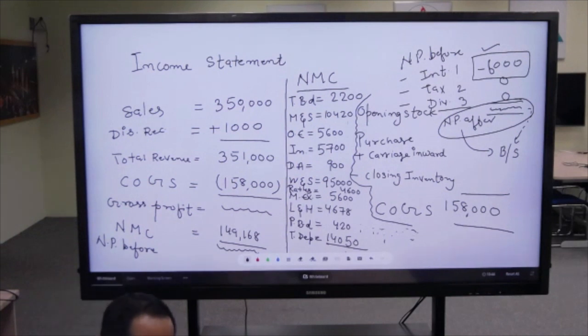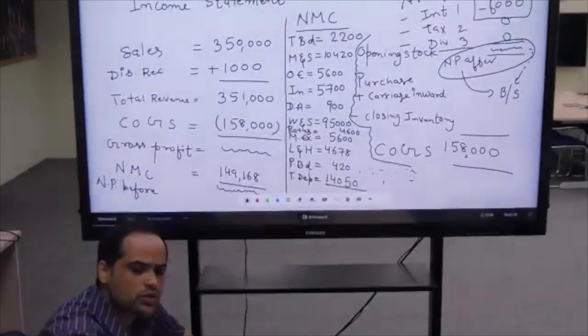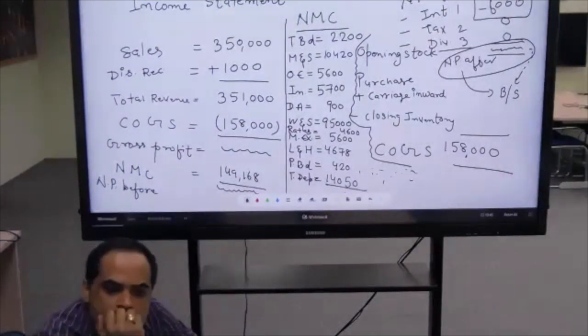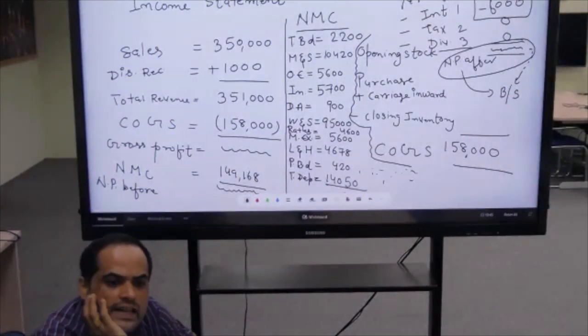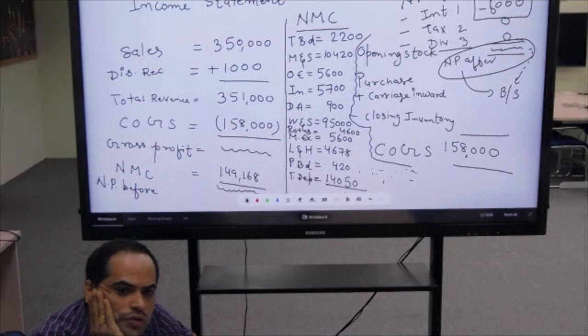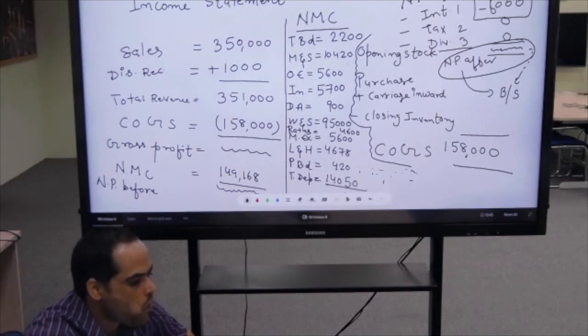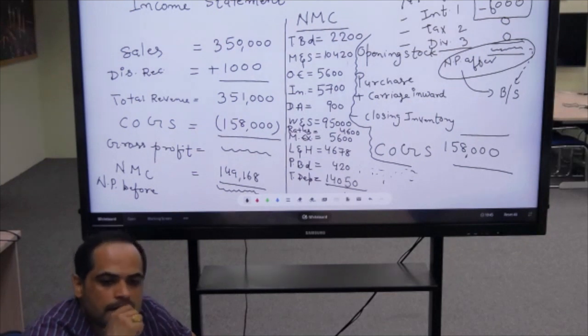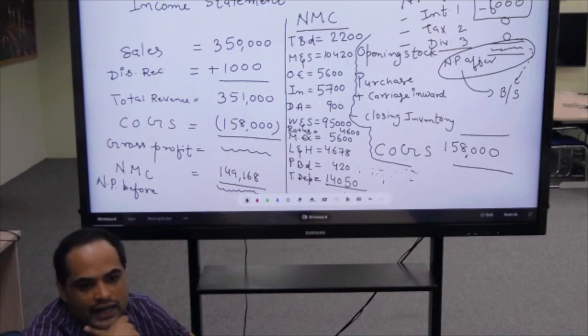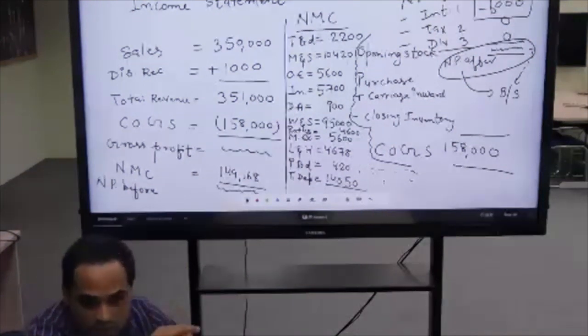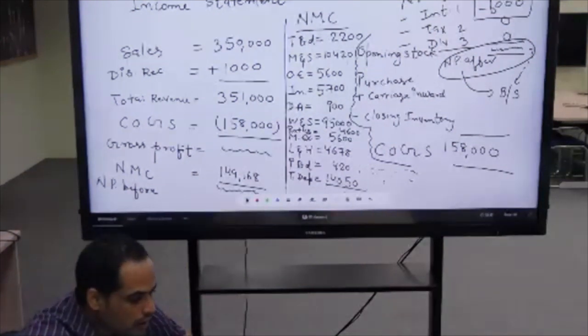Discount received or discounts allowed? Which one? Both, okay. Now, what is the difference between discounts received and discounts allowed?